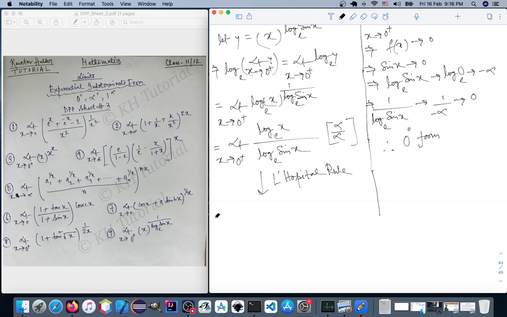And we get 1 by x divided by cos x by sin x.